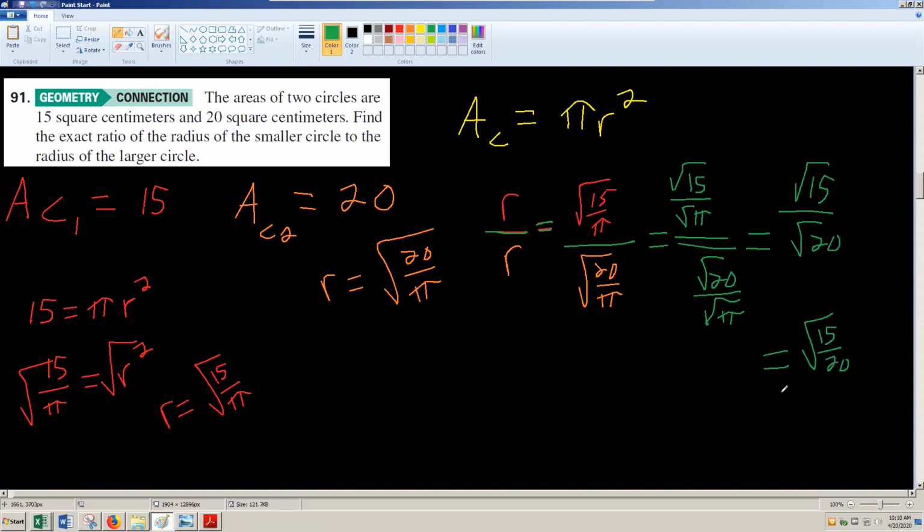I can divide this entire thing by my 5s. So I get root 3 over 4. As I look at this, I'm going to split this out again. So I get root 3 over root 4, and then root 4 simplifies to just be 2. So my final answer here would be root 3 over 2. Any questions on 91?